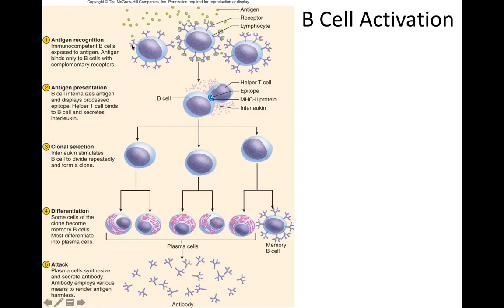So the helper T is going to come in. It's going to take a look at the antigen and say, all right, let's see. Is this something good? Should we be forming immunity against this? Let me look at it. If it determines that Circle antigen is an okay thing to form immunity against, then it's going to, via these cytokines, which are generally interleukins, tell the B cell, go ahead.